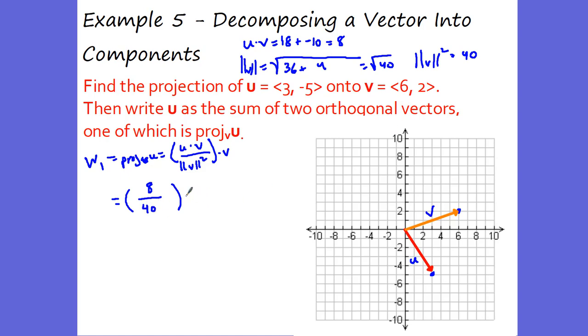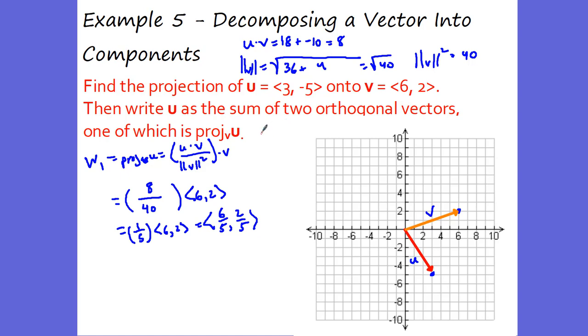Now what do I know vector v is? Vector v is 6, 2. Again, I'm just following the formula to find the projection of u onto v. So this ends up becoming 1/5 of the vector 6, 2, which is 6/5, 2/5. And those are the components of w1. Now, it says write u as the sum of two orthogonal vectors.